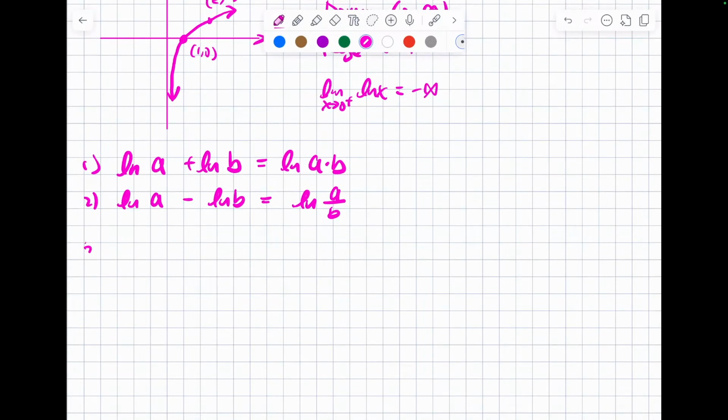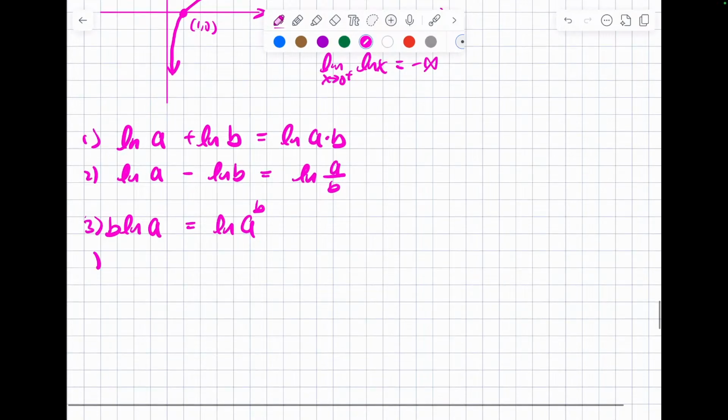The third property, which is used a lot, is natural log of a times b is equal to natural log of a to the b power, because the coefficient becomes a power. And the fourth property is actually log, called changing base.